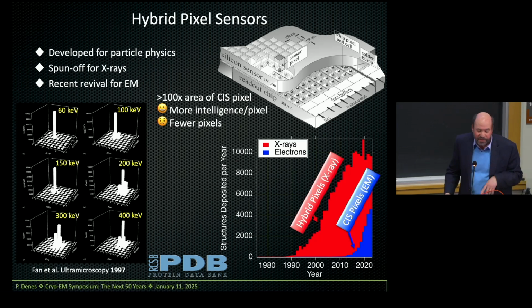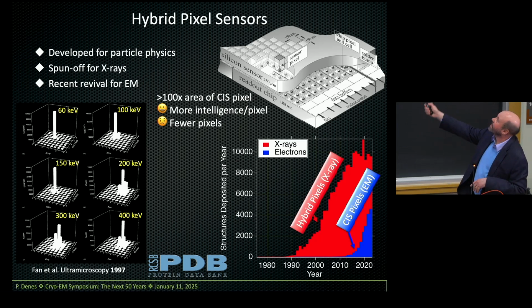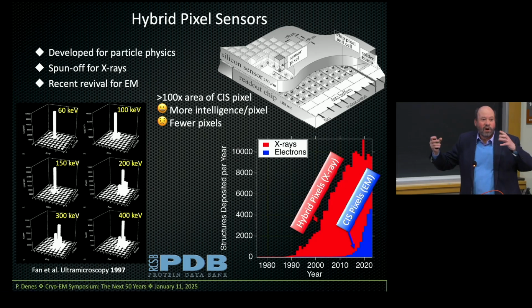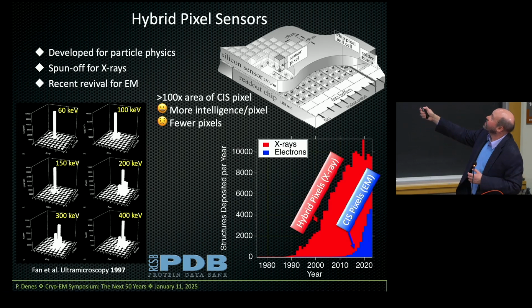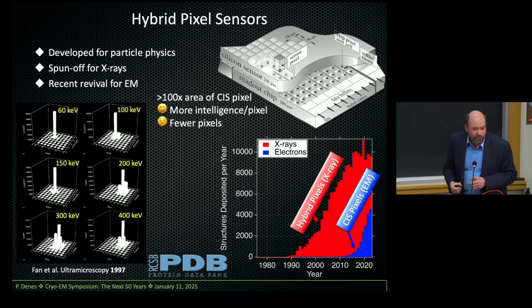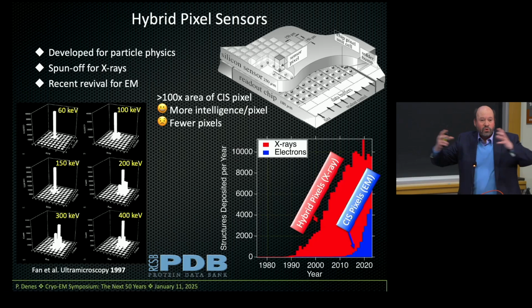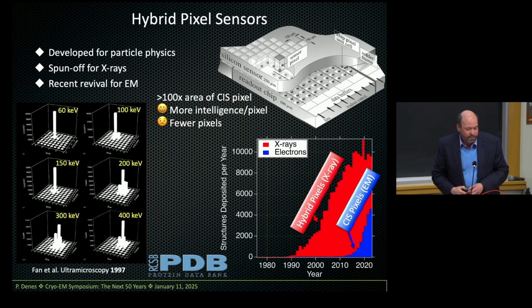Oh, and I should say a hybrid pixel sensor is a dedicated sensor layer that is connected with solder bumps to a dedicated readout chip. The pixels are big, but you can cram a lot of intelligence into each pixel. So these have certain advantages because they're smart, but they're thick, so charge is big for electrons, and you don't get very many pixels because the pixels are big.